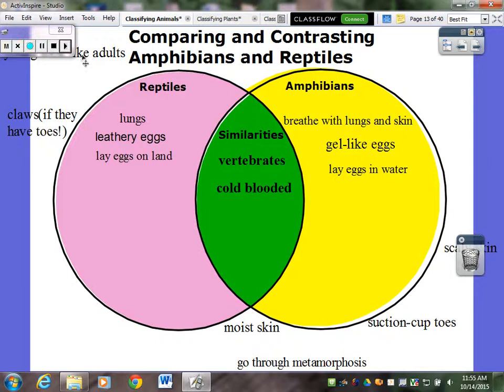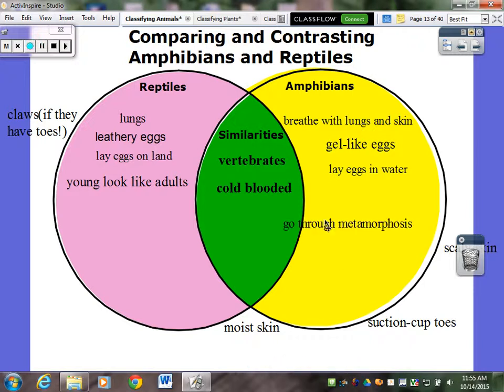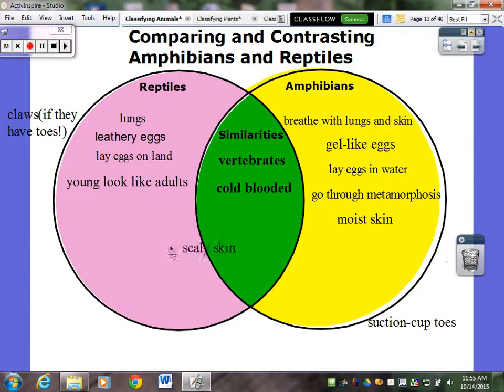When reptiles hatch out, they look like a small version of the adult, but amphibians go through a process called metamorphosis. So, if you think of frogs and toads and salamanders, they actually come out as little tadpoles and eventually grow legs. Amphibians have very moist skin, whereas reptiles have scaly skin.